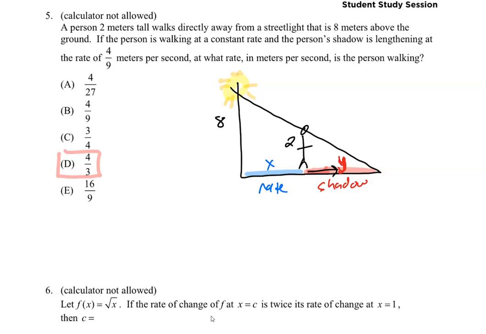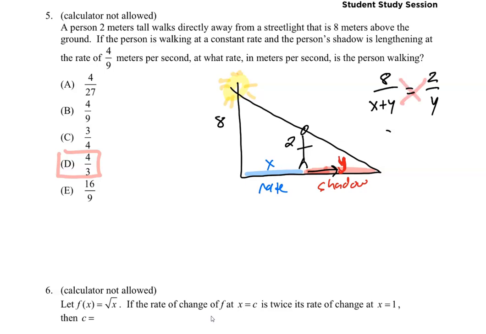So if I've got my equation, it would be 8 over, now it's side over the base, so I'm going to put 8 over X plus Y, equals 2 over Y. Just because that equation is a little bit crazy, I'm going to cross multiply before I do the next part.